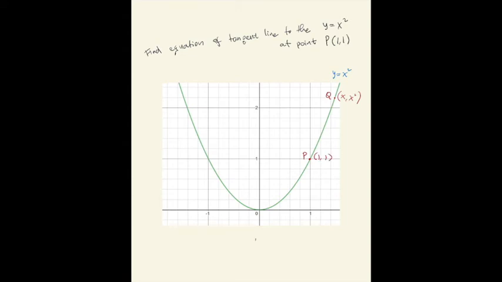So if we have the gradient, it will be (x squared minus 1) over (x minus 1), right? Okay, remember the gradient, just the linear equation gradient.